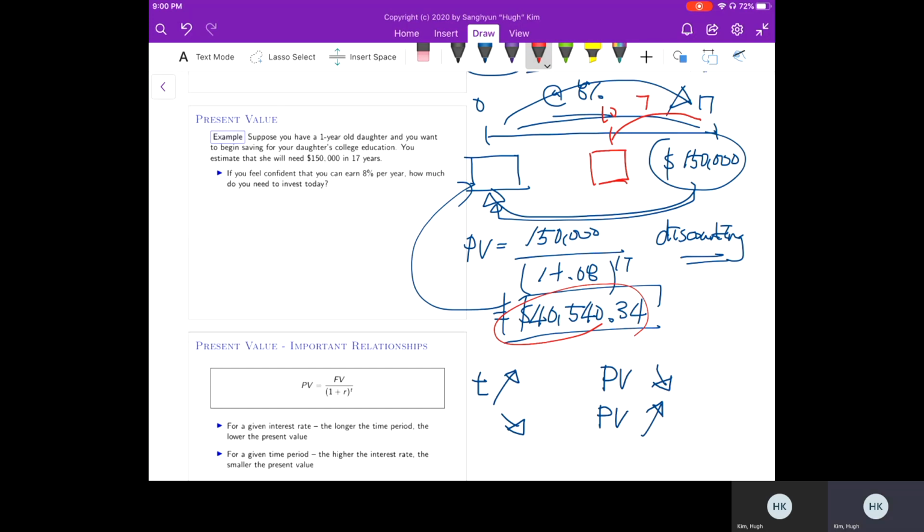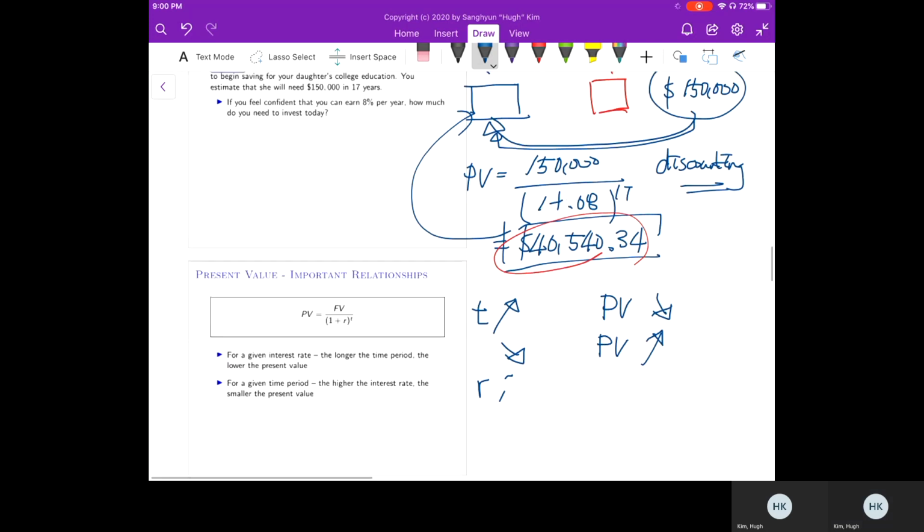The second relationship is that for a given time period, you fix the time. The higher the interest, the smaller the present value. So R goes up, present value goes down because it's in the denominator.